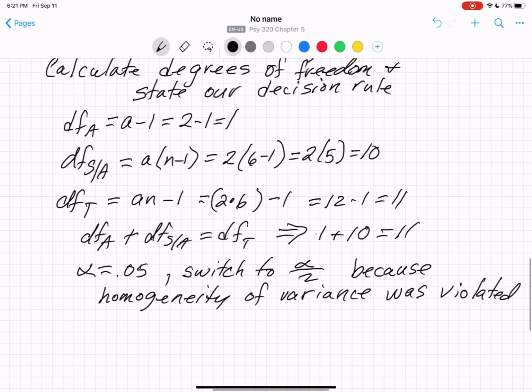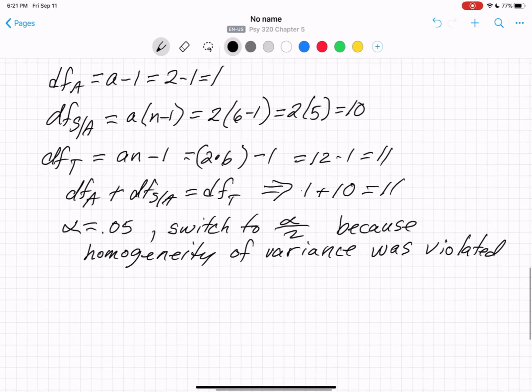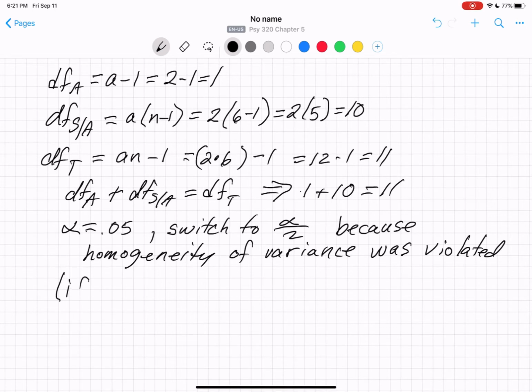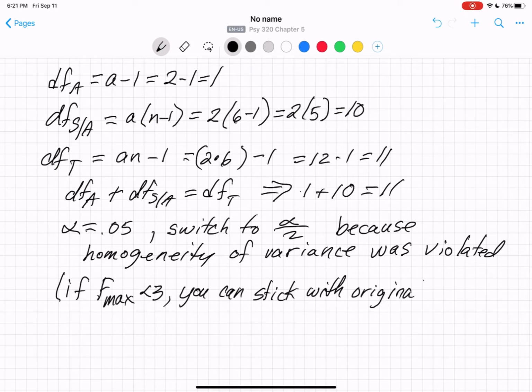Okay, and just remember, if F max is less than 3, you can stick with your original alpha.